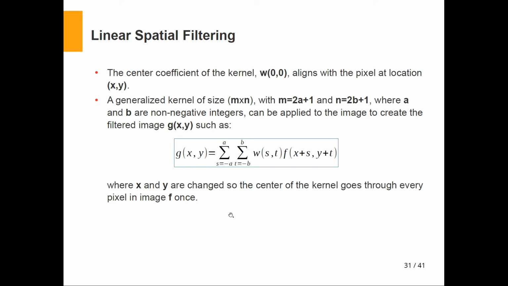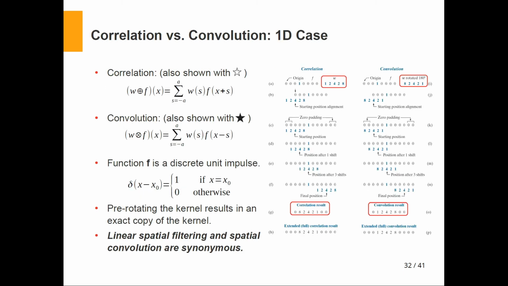And as I said before, we change the values of x and y. Basically, we move the kernel from pixel to pixel across the image, and for each one we compute the response of that small neighborhood to the kernel, and based on those we can create the full filtered image. The definition that I just gave you in the previous slide is the definition of correlation between two functions.